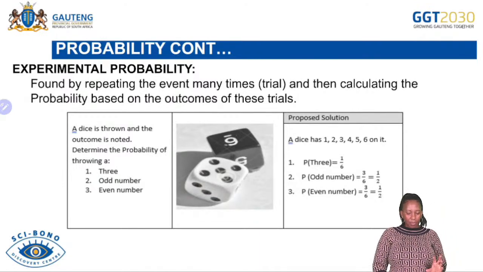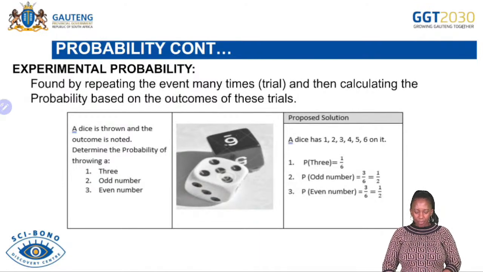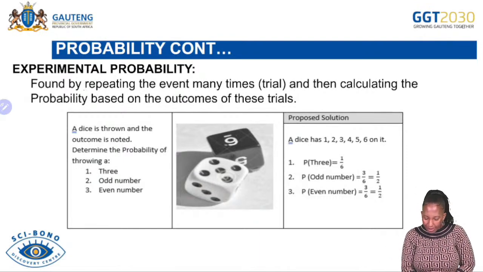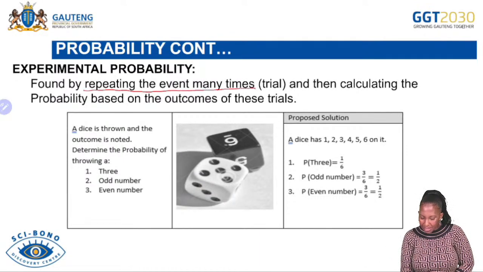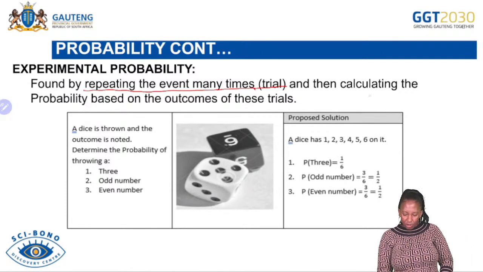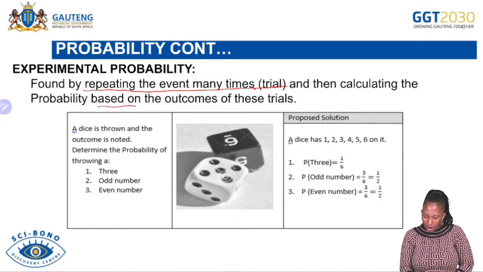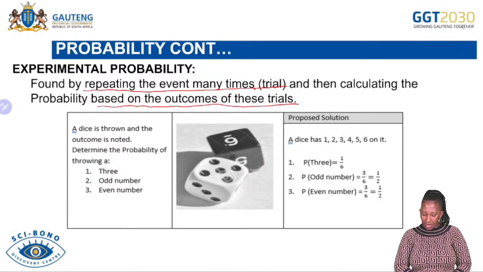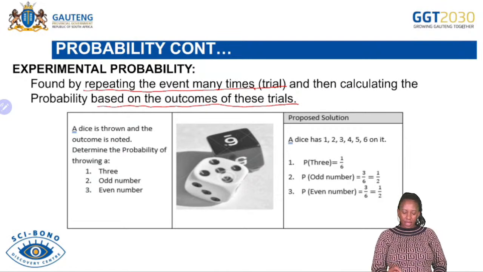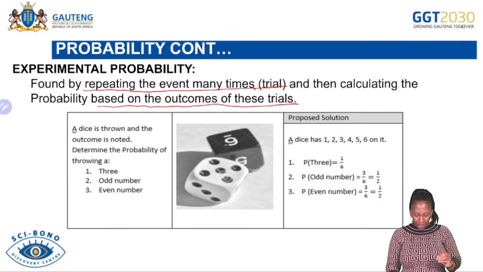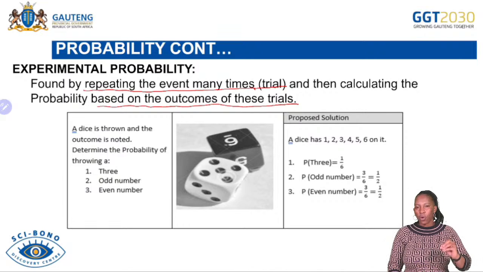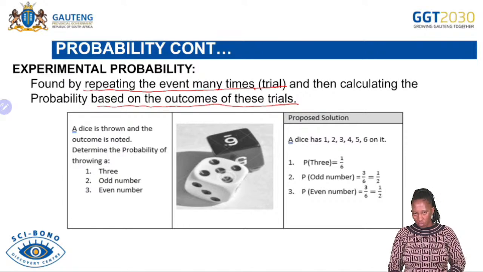Experimental probability is found by repeating the event many times, many trials, and then calculating the probability based on the outcomes of these trials. So with the experimental, you have to conduct it over and over for you to get the answer.